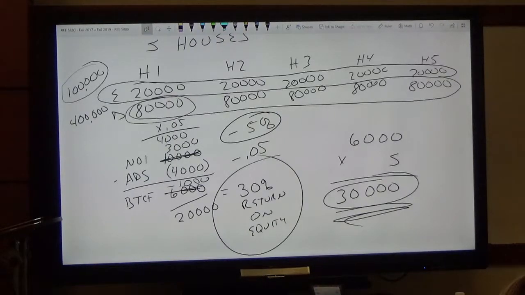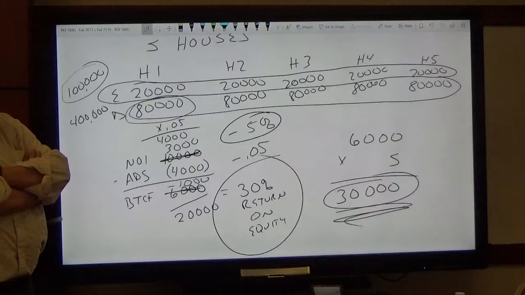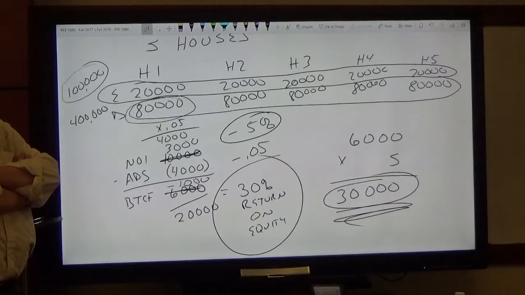Essentially, to pull out the equity from the prior home, you have to do a cash-out refi. So in terms of pulling out the equity, you might have to get a line of credit against the equity of that property.